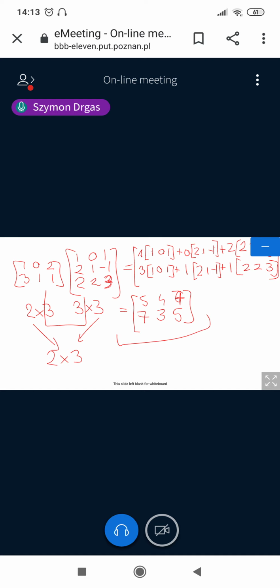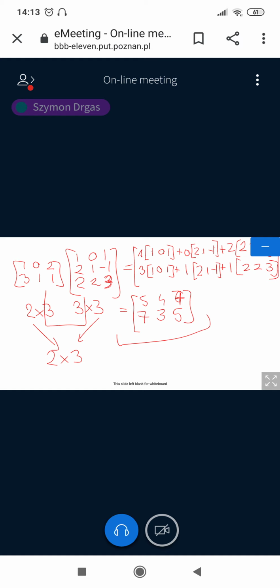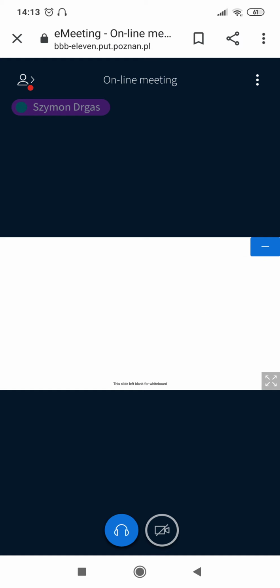So if we want now, we can go back to this task. And now we have to construct a matrix in which we multiply the first row by 5 and then subtract it from row number 2.